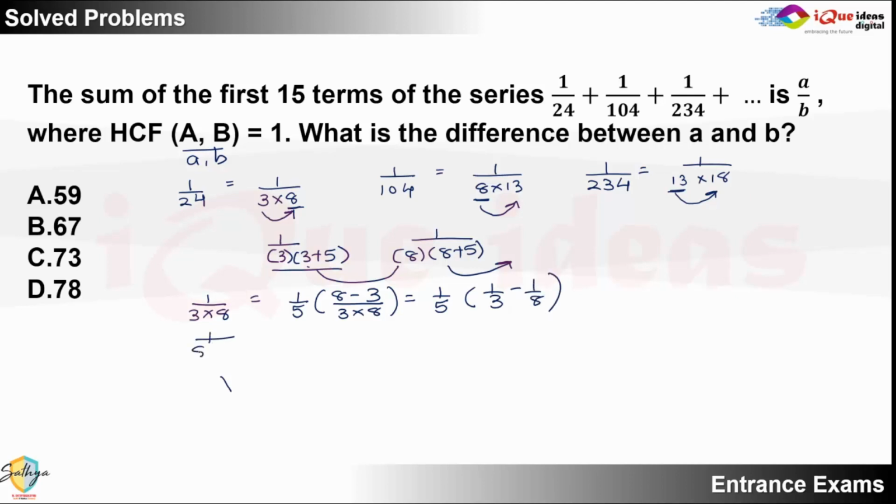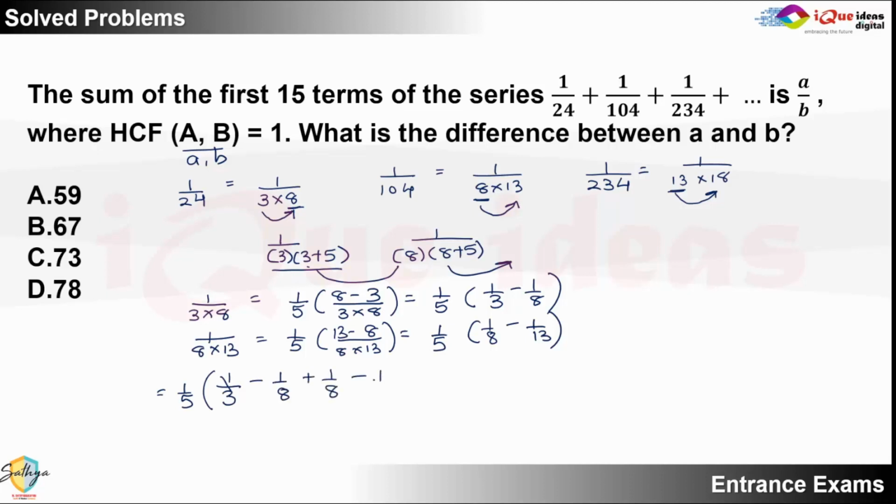Similarly, 1 upon 8 into 13 is 1/5 of (13 minus 8) upon 8 into 13, which is 1/5 of (1 upon 8 minus 1 upon 13). So when I sum these terms, I can take out the 1 upon 5 as common and write it as 1 upon 3 minus 1 upon 8 plus 1 upon 8 minus 1 upon 13 plus 1 upon 13 minus 1 upon 18 and so on.